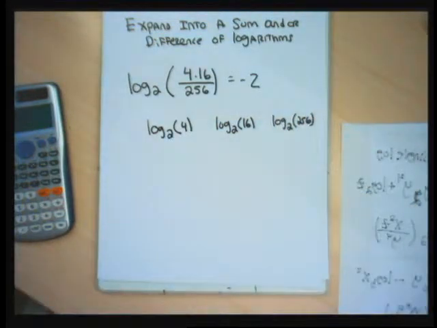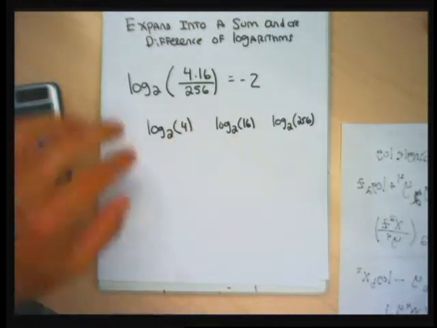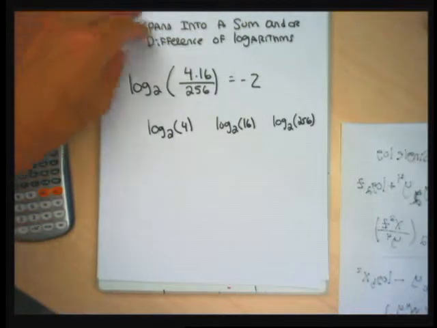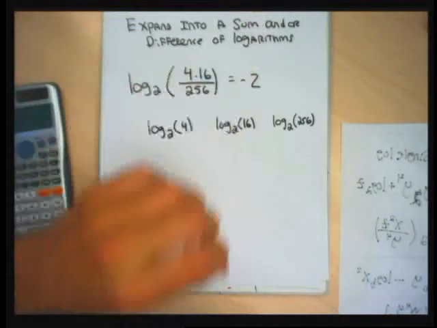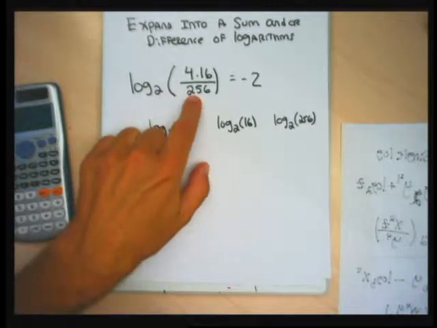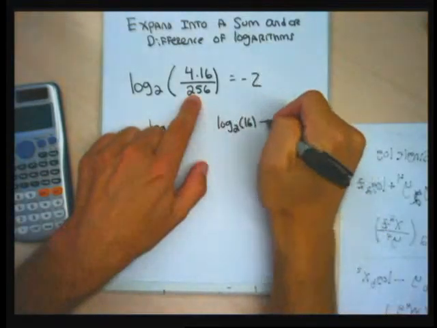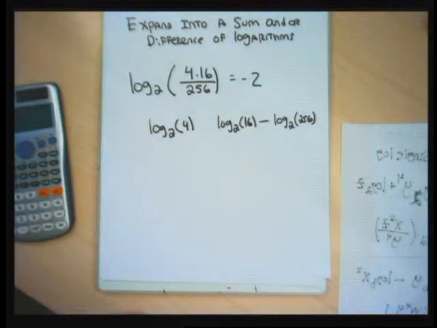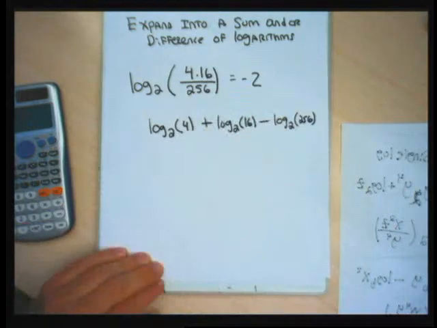And I want to throw the appropriate plus and minus signs where they go, so that when I'm expanding from one logarithm into a sum and or difference of logarithms, I'm going to get negative 2 again. And immediately when I'm expanding, if something is in the denominator of a fraction, its logarithm has to have a minus in front of it. If it's not in the denominator, then it's either first without a sign or it gets a plus sign. So I think that's going to work.